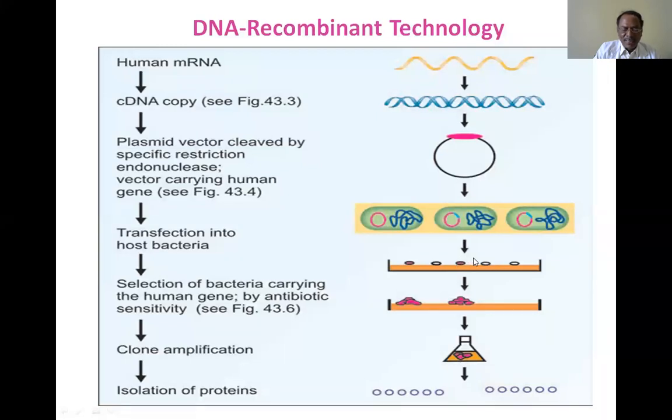Cloning of chimeric DNA. A clone is a large population of identical bacteria or cells that arise from a common ancestor. This is also, we also had cloning of a cell.